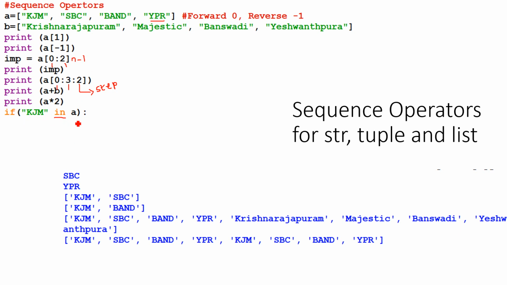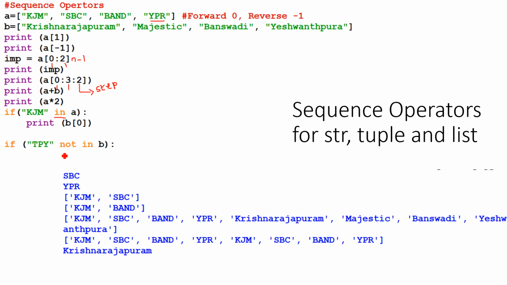So let's say if KJM in A, do we have KJM in A? Yes, we do have KJM in A. So the condition is true. Let's say I want to print the B of 0. So what will be printed? Krishnarajapuram will be printed.